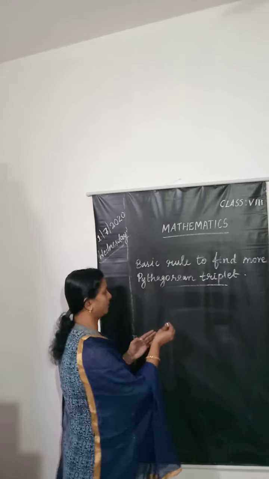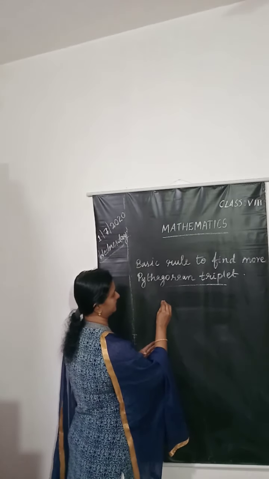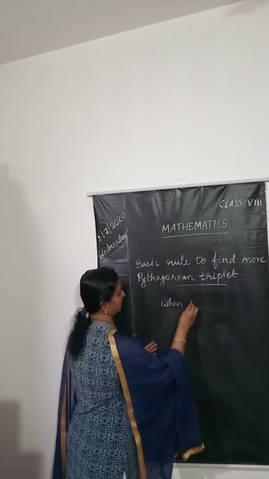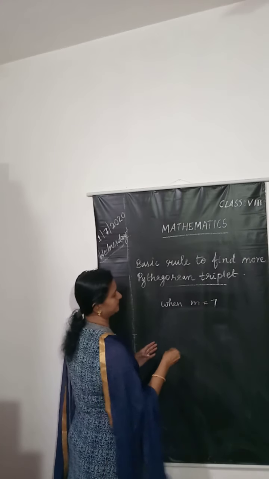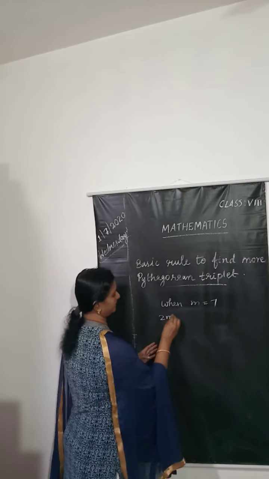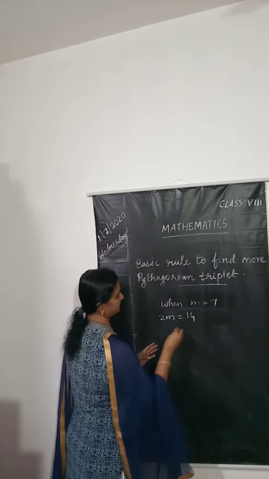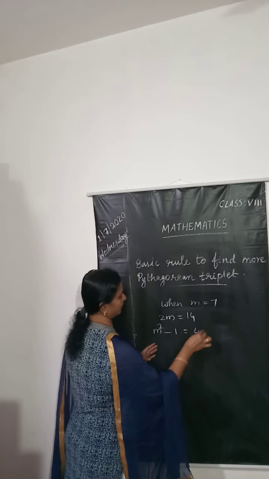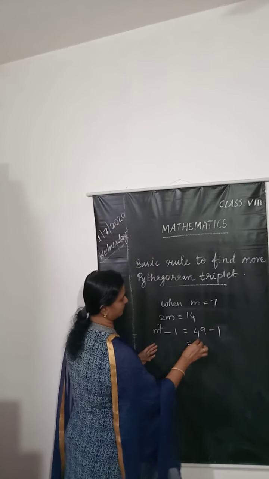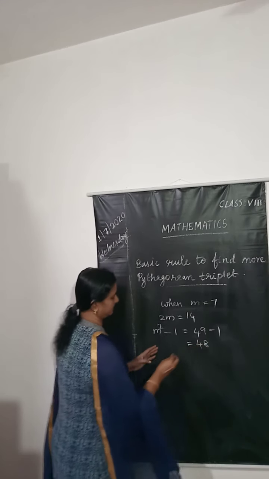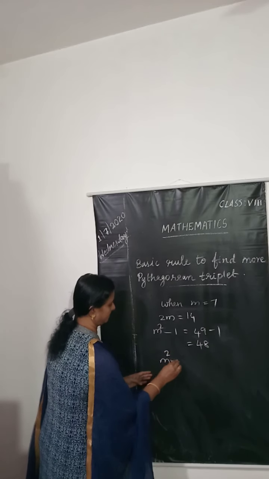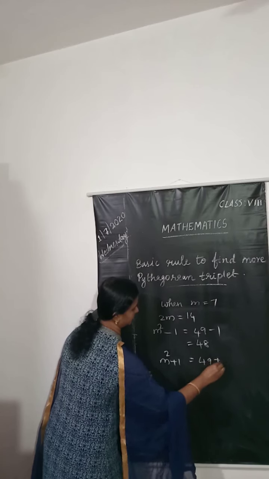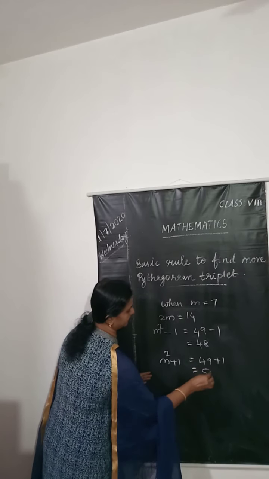When m is equal to 7, 2m will be equal to 14. Then m square minus 1 is equal to 49 minus 1, which is equal to 48. Then m square plus 1 is equal to 49 plus 1, which is equal to 50.